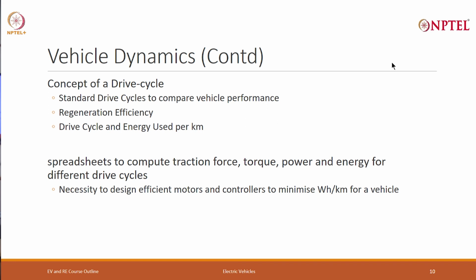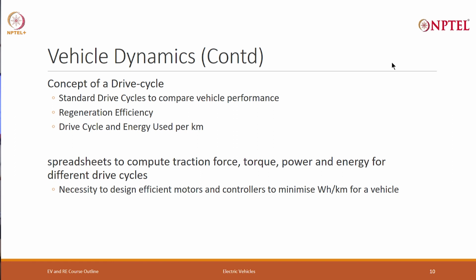And this will also bring in that you need to make the vehicle efficient. First, you design efficient motors and controllers. Use good tires to reduce rolling resistance. You do vehicle design so that aerodynamic resistance gets reduced. Again, that increases the efficiency. You reduce the weight, which enhances the efficiency.